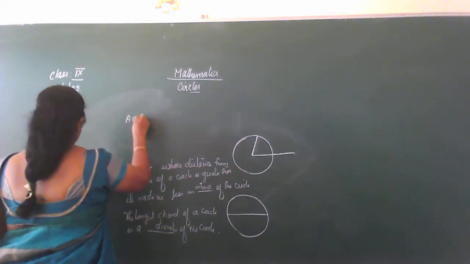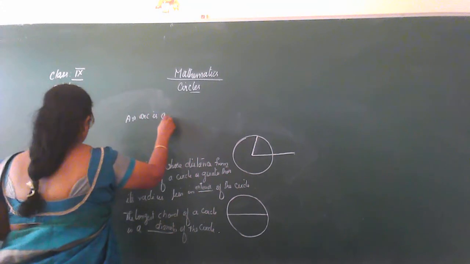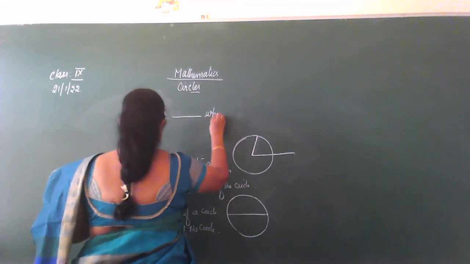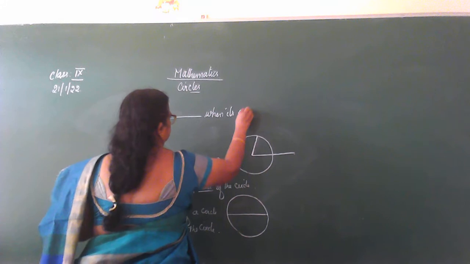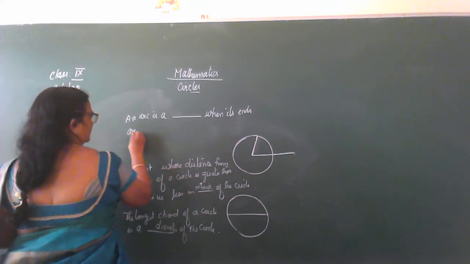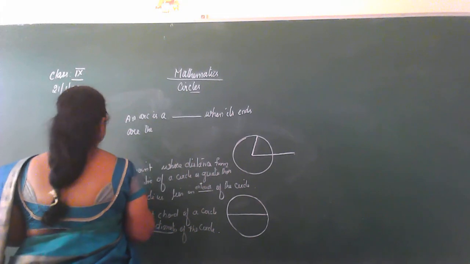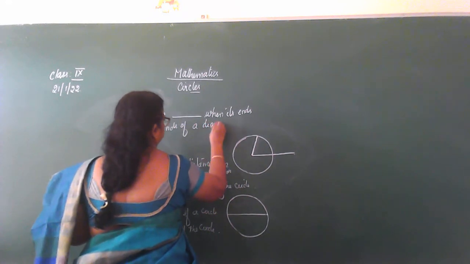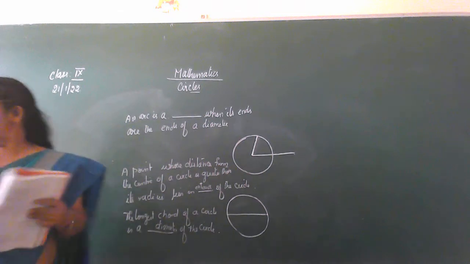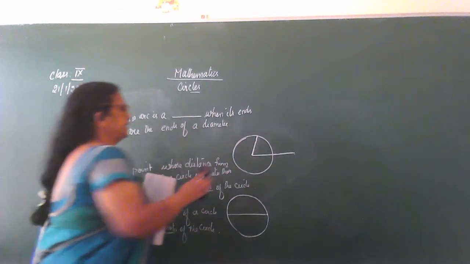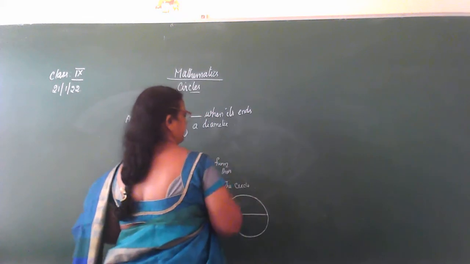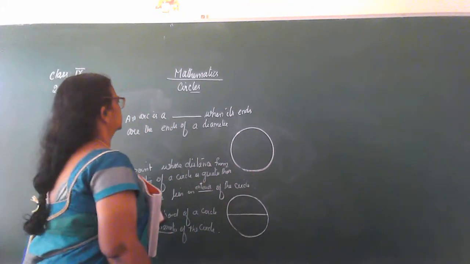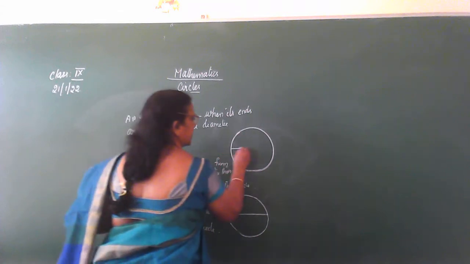An arc is a dash when its ends are the ends of a diameter.